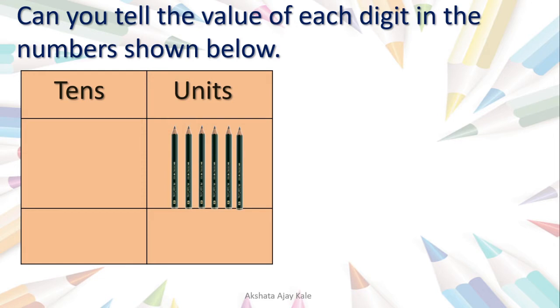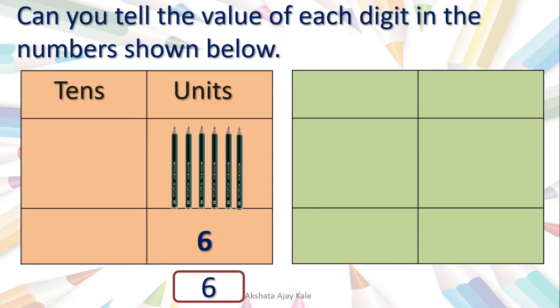Means how many pencils are there? We can see here 6 pencils. So we will write 6 units. What is the value of these 6 units? 6 is in unit place, so the value is 6. Am I right? 6 single pencils are there, so the value of 6 is 6.